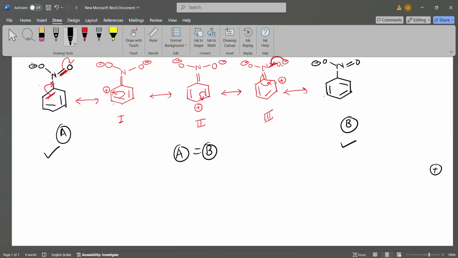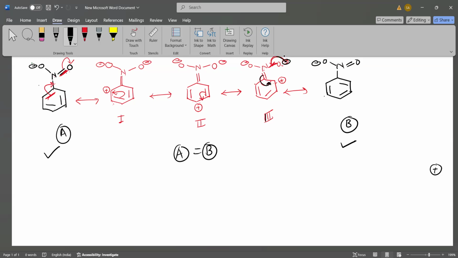Ma'am, I have one doubt. Please ask. Ma'am, in the third structure, the double bond moved inside the ring, right? Yeah, between nitrogen and carbon. Ma'am, then how did we still have a double bond with the oxygen above? Because oxygen has a negative charge over here, no?